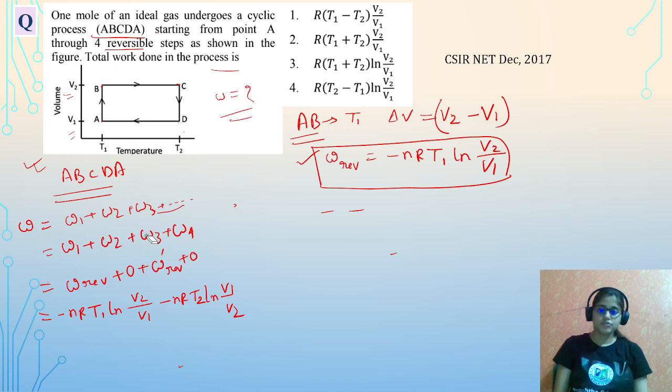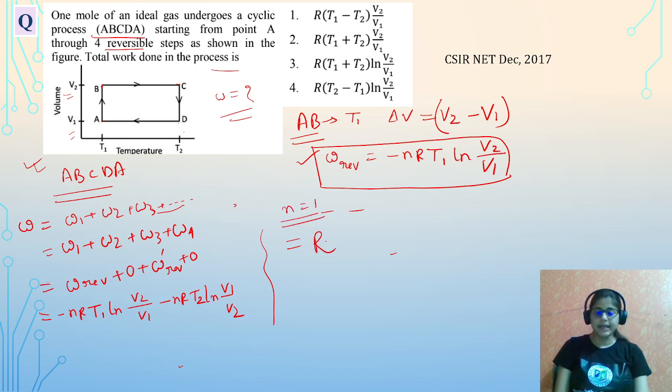Now we can rearrange it, because in the options, if you see, this kind of answer is not given. So we have to rearrange it. Here n is 1 because no n value is given.